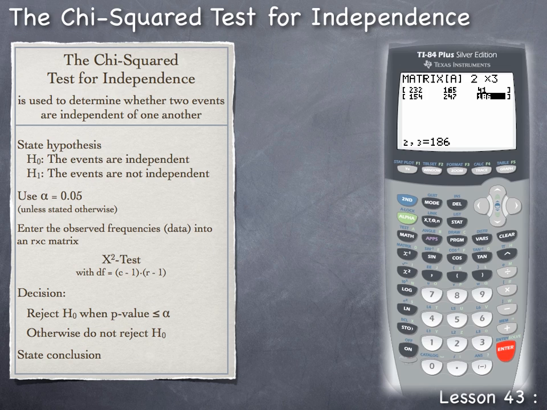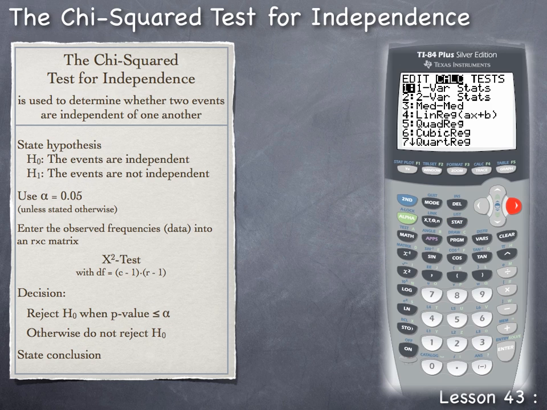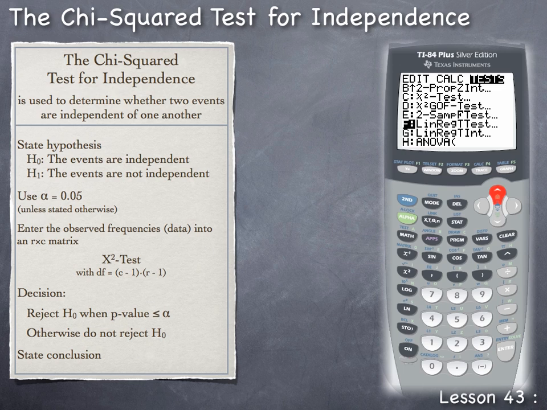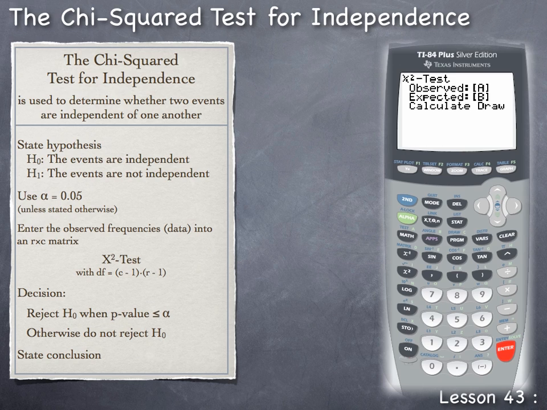Now to get to the chi-squared test command, we press stat, arrow over to tests, and then arrow up to place the cursor next to chi-squared test. Press enter to select, and then next to observed, we enter the matrix where we entered the observed frequencies. We can get there by going 2nd, matrix, and then placing the cursor next to the matrix we entered the observed frequencies in, and select enter.